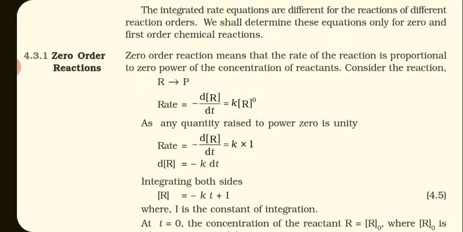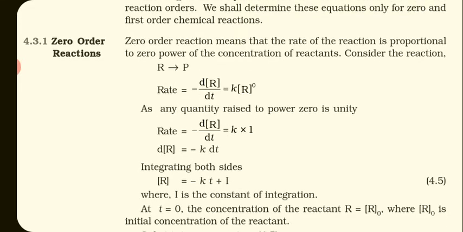We shall determine these equations only for zero and first order chemical reactions, as the integrated rate equations in your syllabus are only for two orders, zero order and first order.